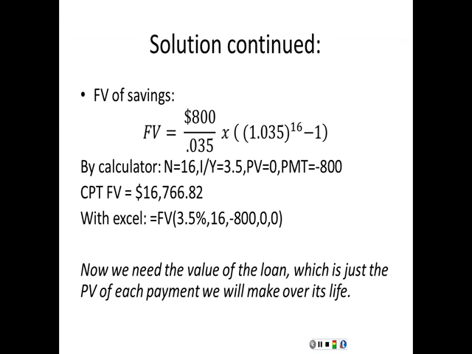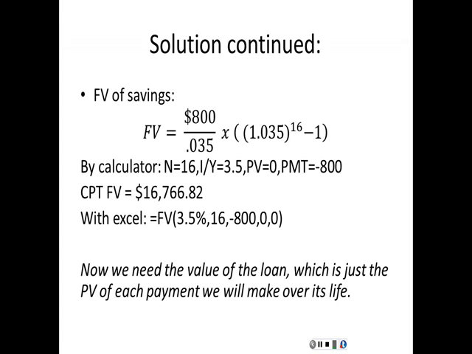In the financial calculator, we would put N as 16, I as 3.5, remember that's our R prime, present value 0, payment negative 800, and we compute the future value. And we get $16,766.82. Notice we put a negative on the 800 because that's cash flow that is leaving my pocket.